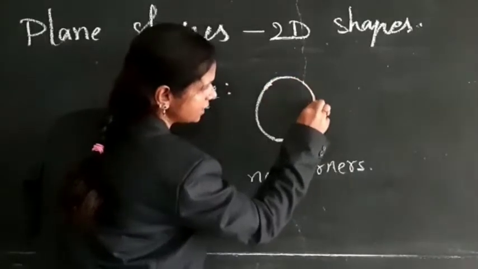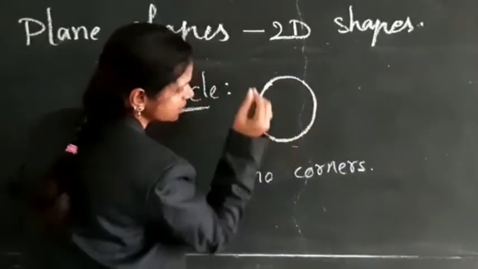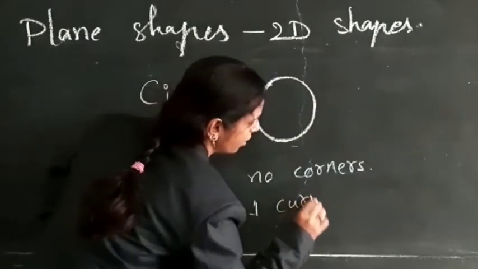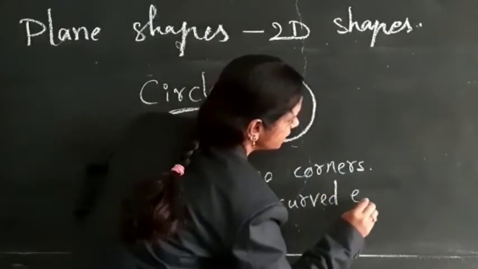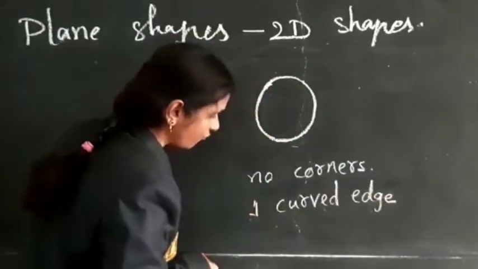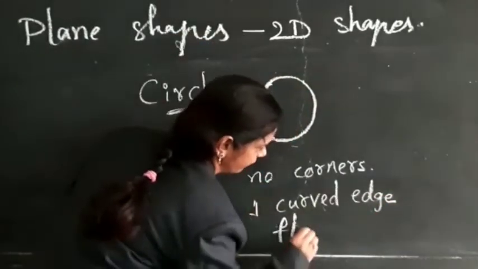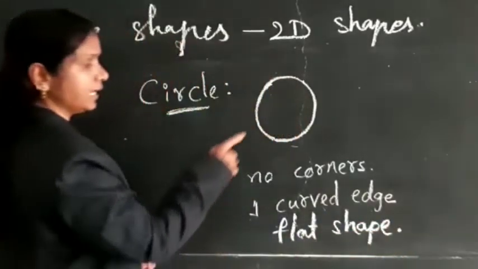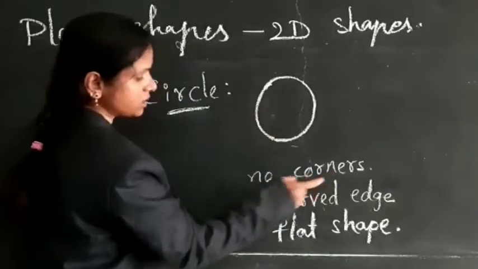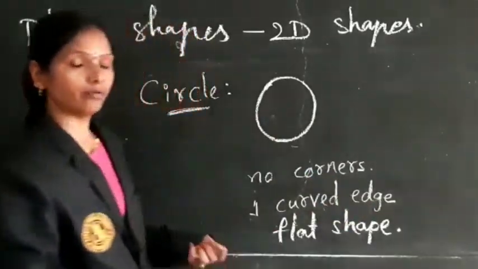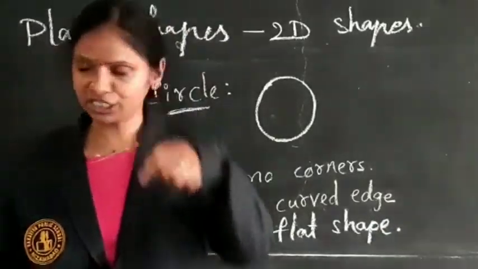Here you can see what I am drawing. This is curved, means it has one curved edge, and it is also a flat shape. A circle has no corners and one curved edge, and it is a flat shape.